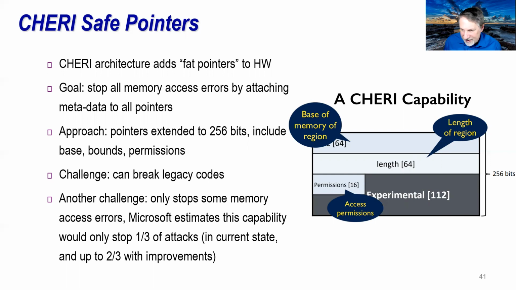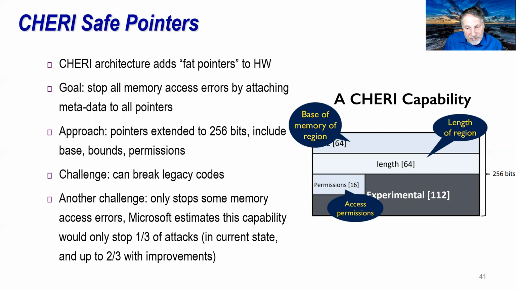Now, of course, that's less efficient than 64-bit pointers. Now your pointer's 4 times as big. Your program's going to have to do more work to deal with pointers. But in exchange for that, you get this very powerful capability where programs can't go off the end of arrays. They cannot go before the start of variables.